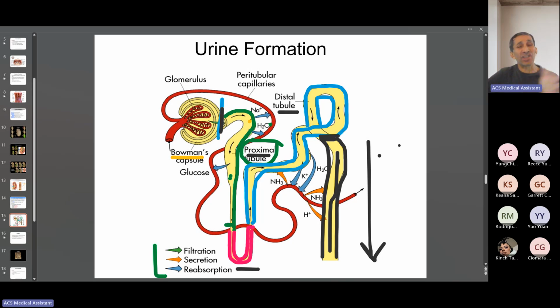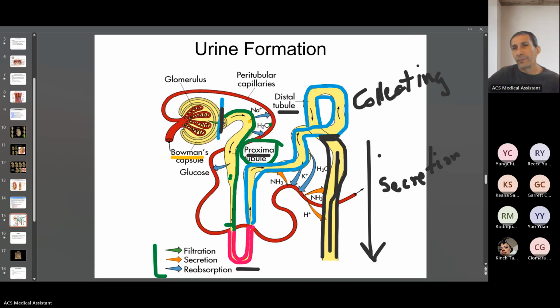But before we discard all this, let's talk about reabsorption. So this is the secretion part. And where does secretion take place? The collecting tubules. Remember, these are the distal tubule, this is the proximal tubule, and this is the loop of Henle.